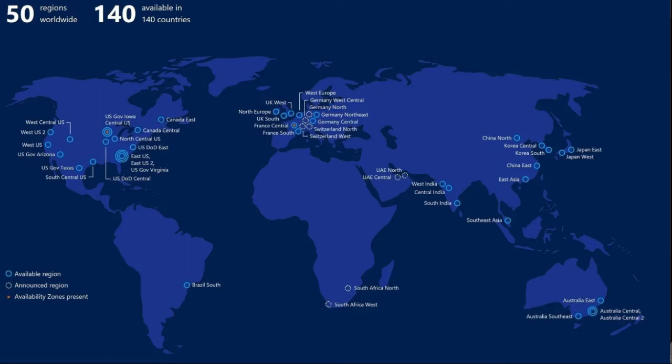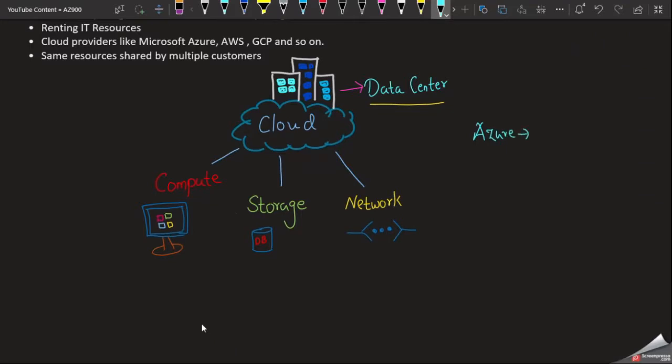If you take Azure, they have more than 160 data centers all over the world. With the help of these data centers, they will provide resources like compute, storage, and network through the internet.